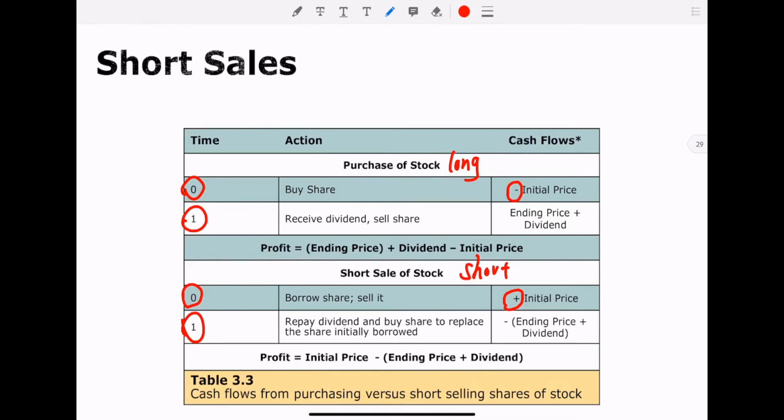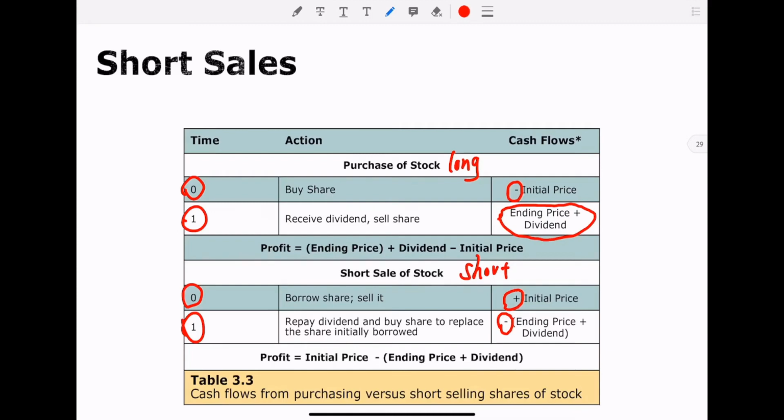So now you will get a negative sign here compared with when you're making a purchase of a certain stock, right?